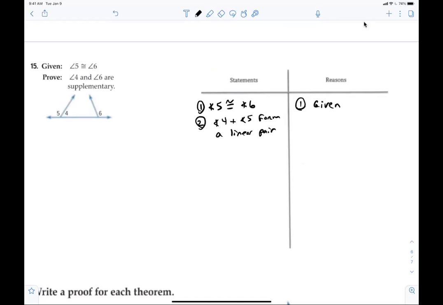All right, I understand what you're trying to say. It's hard starting out. All right, does everybody agree 4 and 5 form a linear pair? Right? So we would just say that's definition of linear pair.